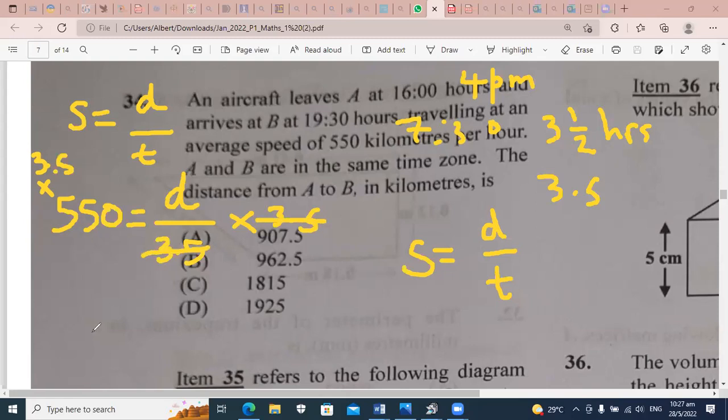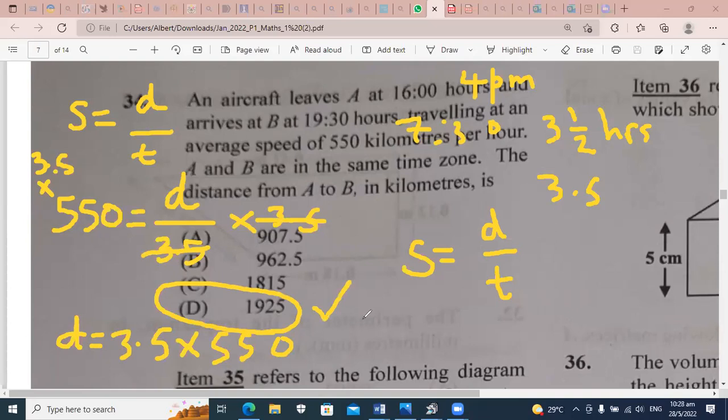So D is the product of 3.5 times 550, and it turns out to be 1925. That's how you work out that one.